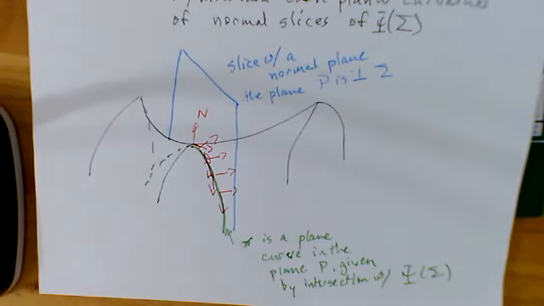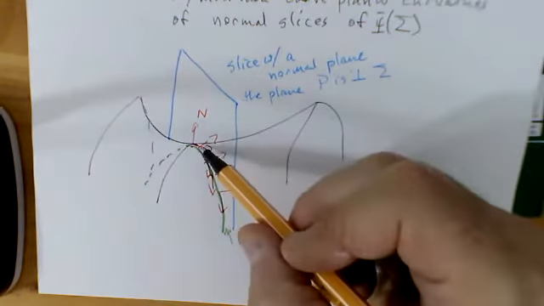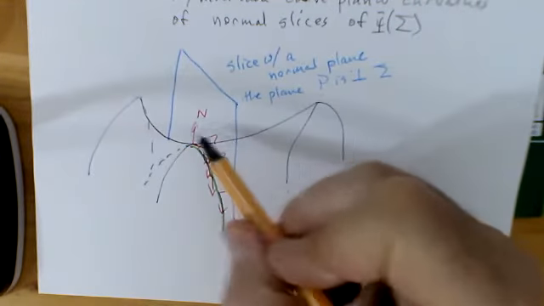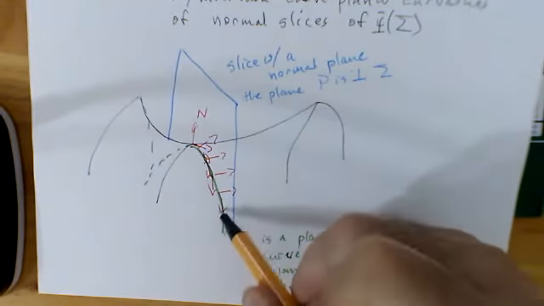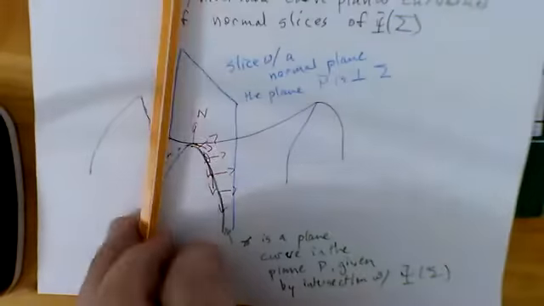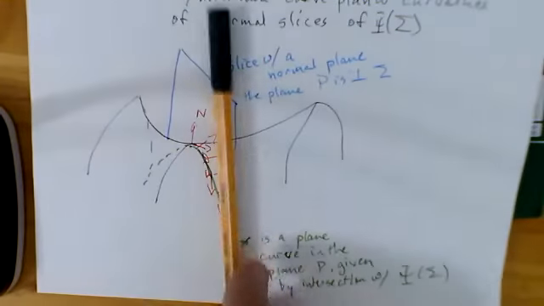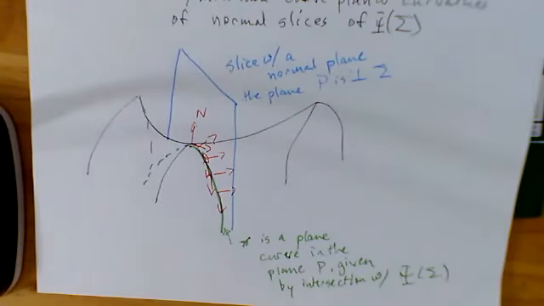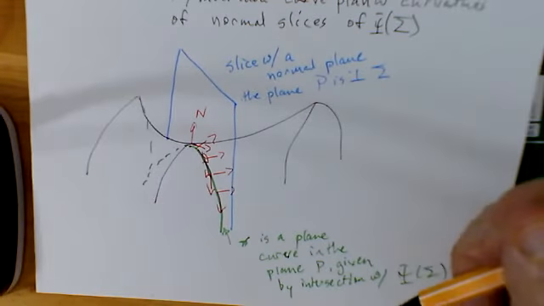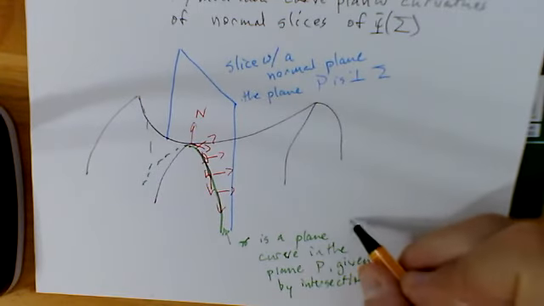So the rate of change of the tangent vector is exactly the same thing as the rate of change of the normal vector. They both bend at the same rate as I go along this green curve, let's say parameterized by arc length. And I see that this curve has associated to it a plane curvature.